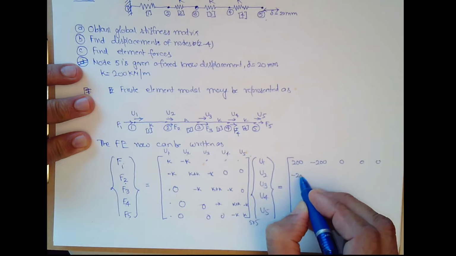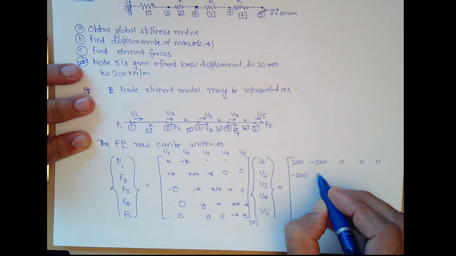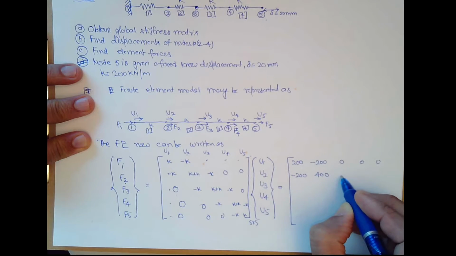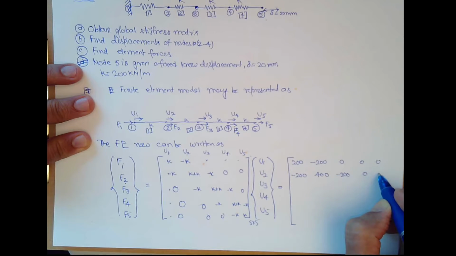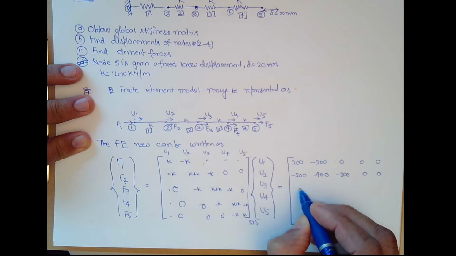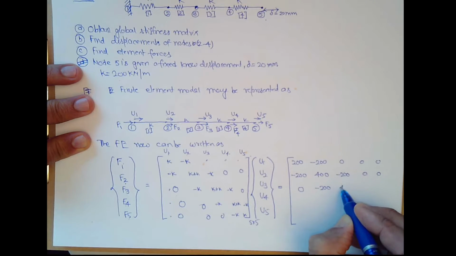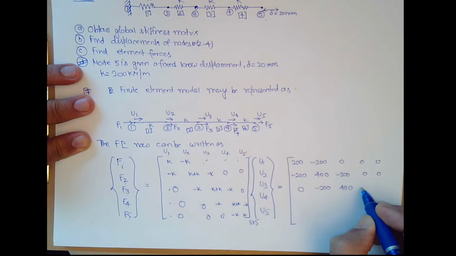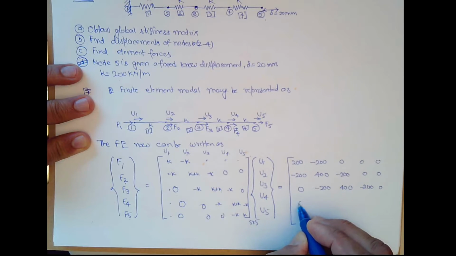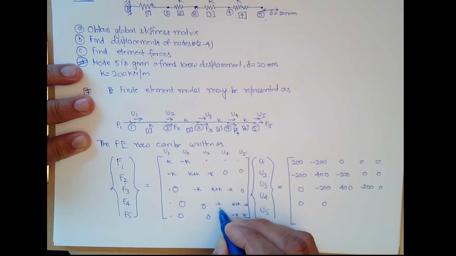Second row is minus 200, this becomes 200 plus 200, that becomes 400, this is again minus 200, and this is 0 and 0. Third row again 0, minus 200, this is 400, K plus K, this is minus 200, this is 0, this is 0.